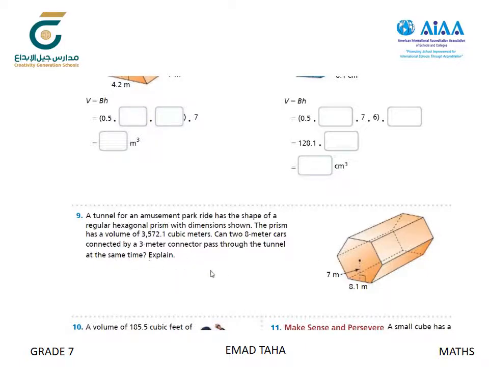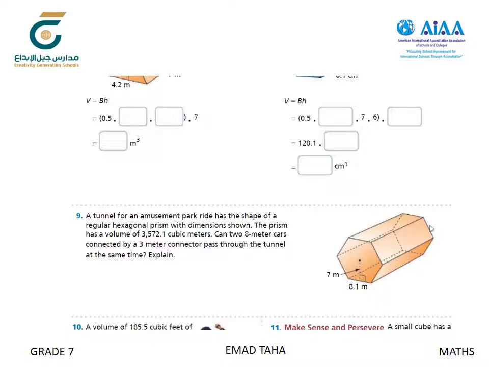Okay, look, we have two parts of this problem. The first one, he gave me the volume and the dimensions of the base here, so we don't have the height of the prism.